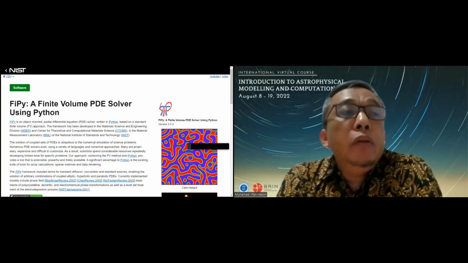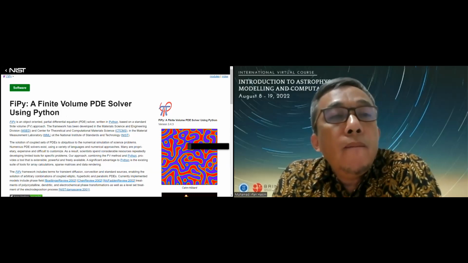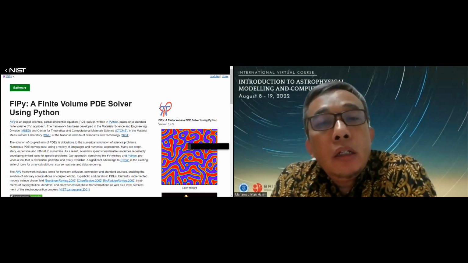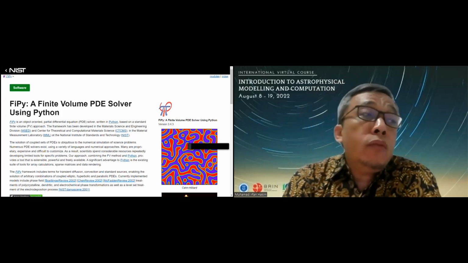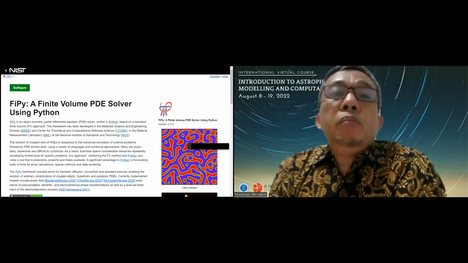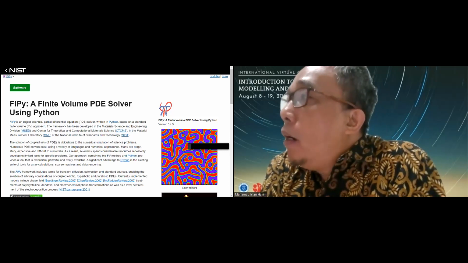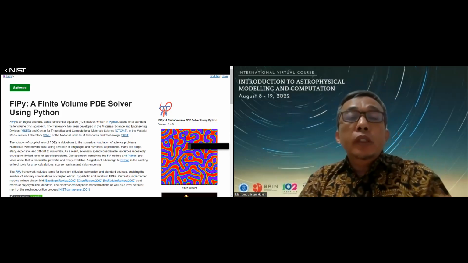For today, we will use an example of a PDE solver using the finite volume method, which I chose for pedagogical reasons, useful for us today.